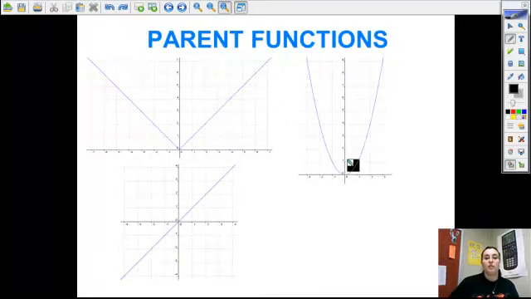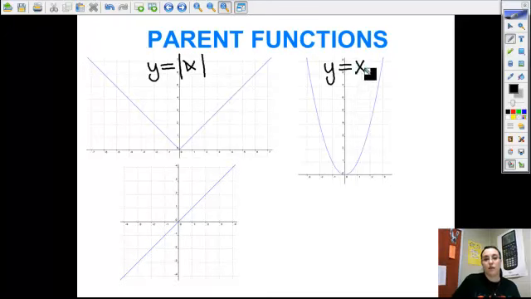Alright, we've got some parent functions here. I just wanted to do a little bit of a review. So we've got 3 that we've talked about so far in my class. We've talked about y equals the absolute value of x. We've got y equals x squared. And we've got y equals x.